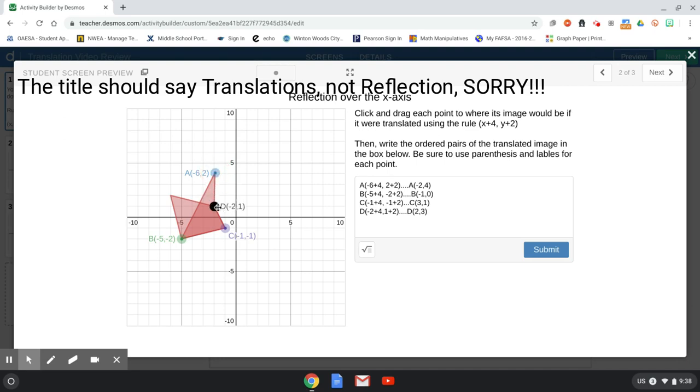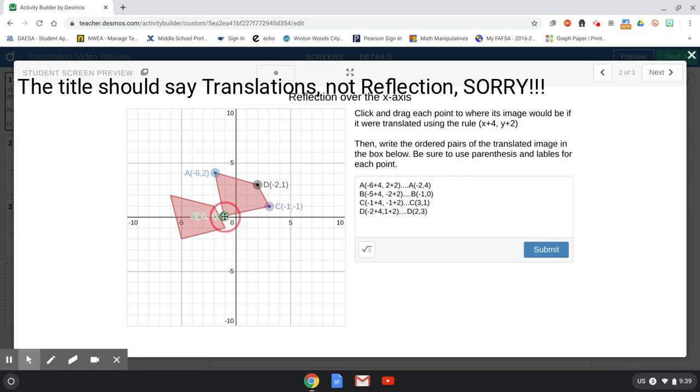D was at negative 2, 1, so it's going to go 1, 2, 3, 4, 1, 2. Taking C, 1, 2, 3, 4, 1, 2, and then taking B, 1, 2, 3, 4, 1, 2.